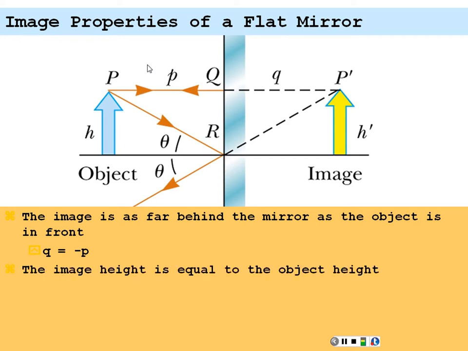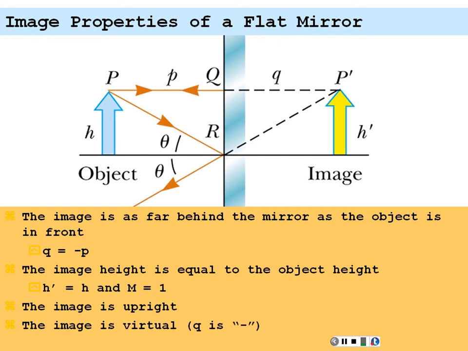The image height is equal to the object height, so we would have that the image height is equal to h, and our magnification is equal to 1. The image is upright. More on this a little bit later, but upright just means we have a magnification of positive 1. And the image is virtual.